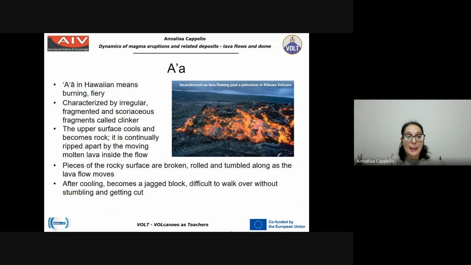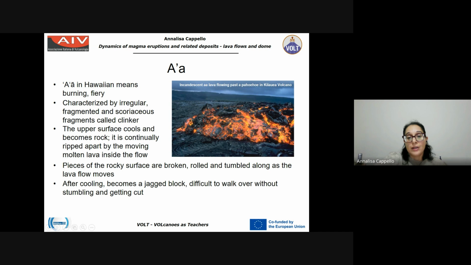Aa lava means burning, fiery. As you can see from the photo, the appearance of the lava is very different with respect to pahoehoe lava. It is characterized by irregular, fragmented, and scoriaceous fragments that are called clinkers.